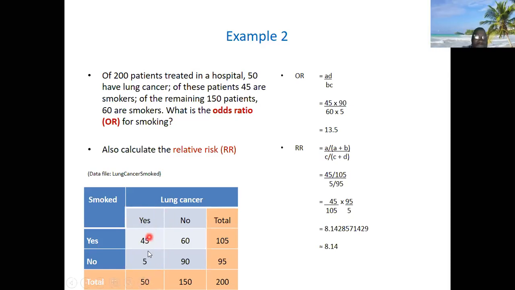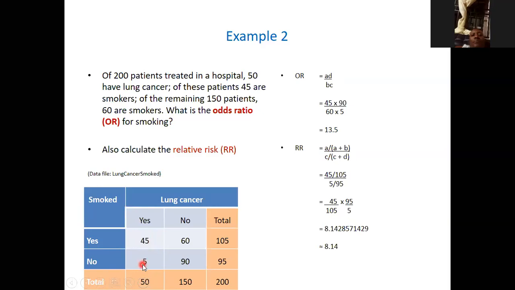What is the probability of not smoking? 5 over 50. If you divide 45 over 50 by 5 over 50, when it's time to change the numerator and denominator of that 5 over 50, it will be 50 over 5. And 50 will cancel 50. So it will remain 45 over 5. So here the odds will now be 45 over 5.